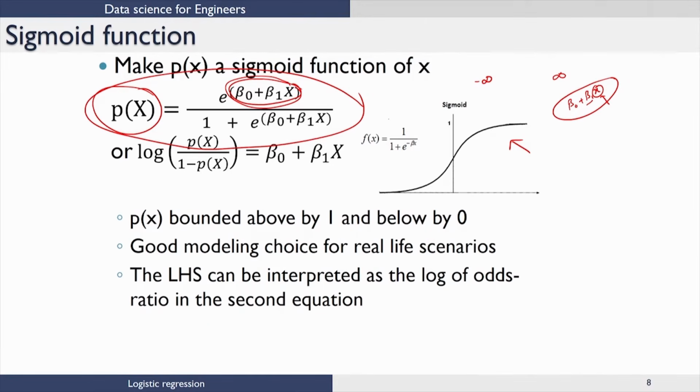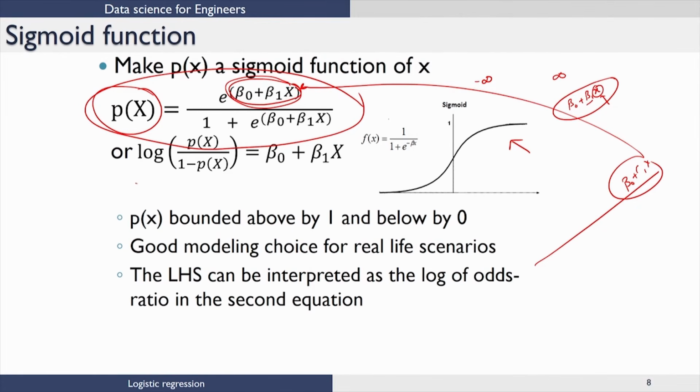If we were not using this probability, all that we would do is look at this equation, and whenever a new point comes in, we would evaluate beta naught plus beta 1 x, and based on whether it is positive or negative, we would say yes or no. Now, instead of that, this number is put back into this expression, and depending on what value you get, you have a probabilistic interpretation. That is the beauty of this idea here.